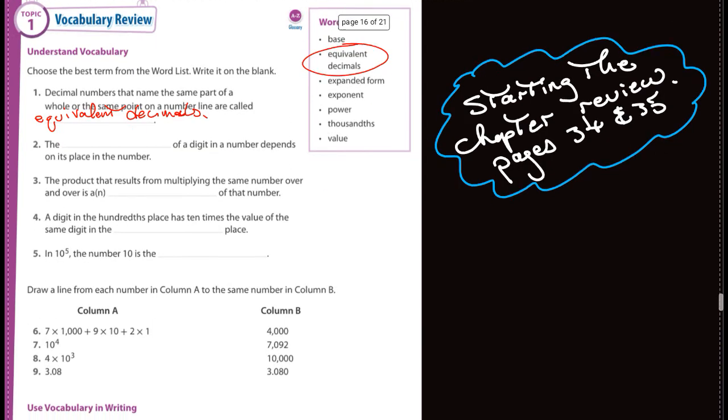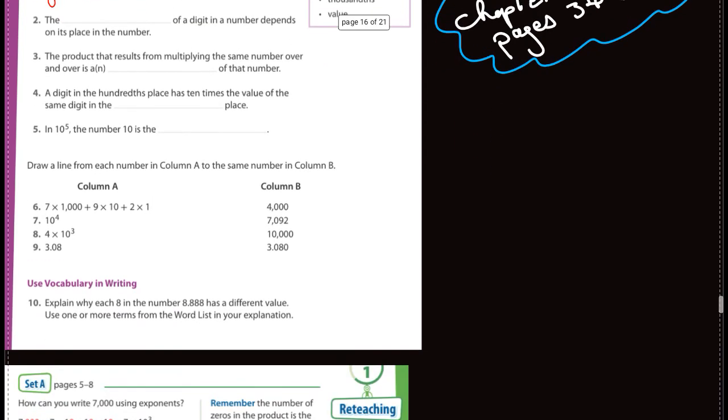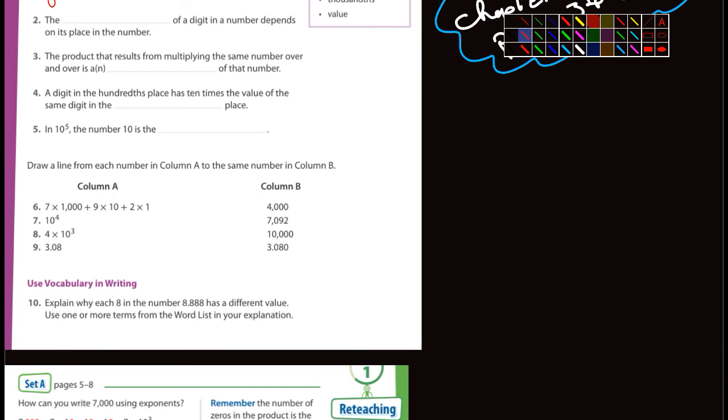Pretty simple. Down at the bottom, though, let's see here. They do ask you to draw a line from each number in column A to the same number in column B. So, well, you guys know what exponents are. Let's see here. 4 times 10 to the third.